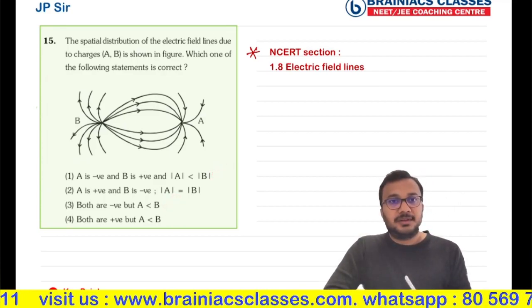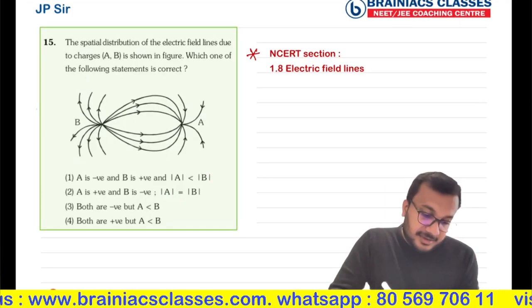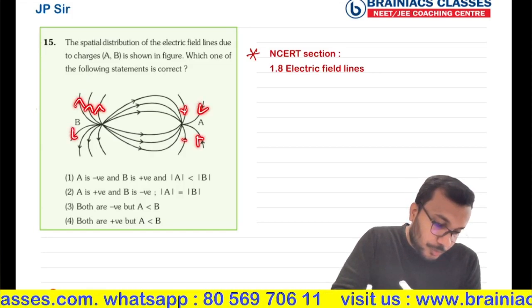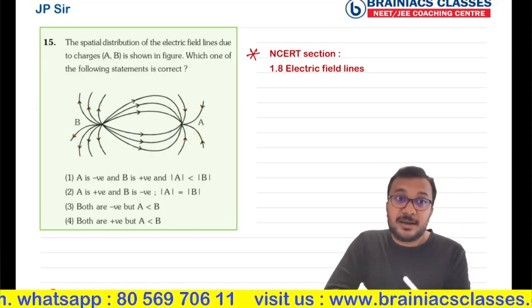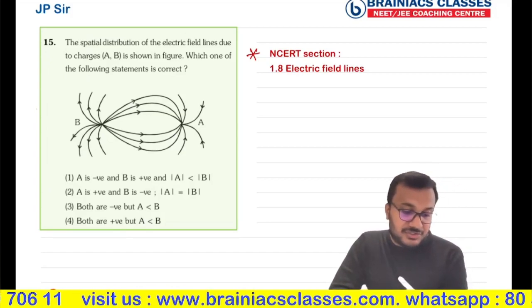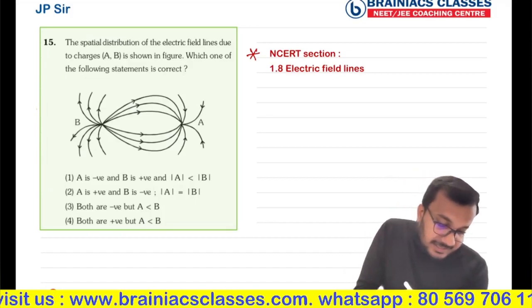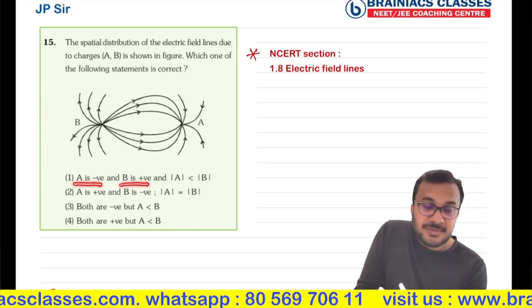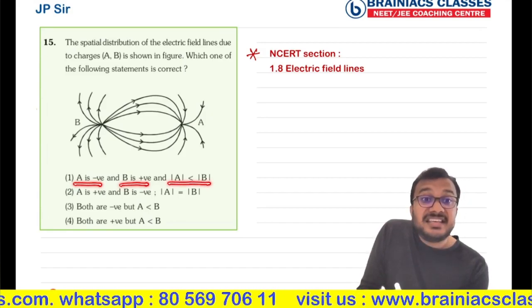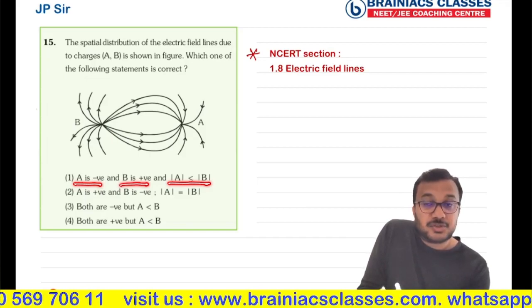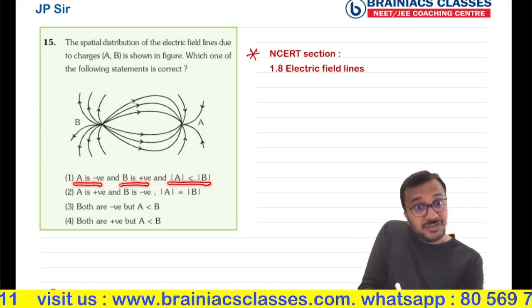So the magnitude of B is greater, which narrows it down to option 1, option 3, option 4. Next, for A, electric field lines are coming inside; for B, electric field lines are going outside. Going outside means B is positive, and A is negative. B's value is higher than A's value, because more number of field lines means more magnitude.